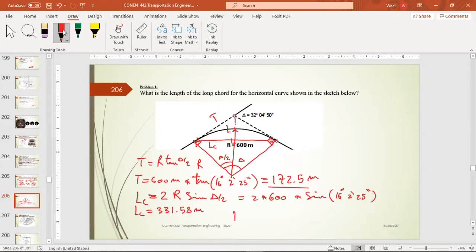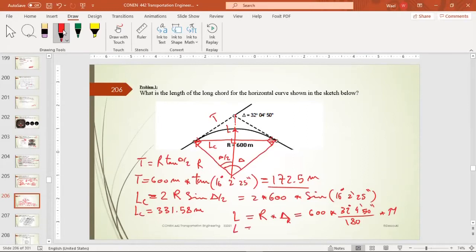Let's see L, the length of the curve, equals R multiply delta. So it's 600, but delta should be in radians, by the way. Multiply 32 degrees, 4 minutes, 50 seconds, divided by 180, multiply pi.